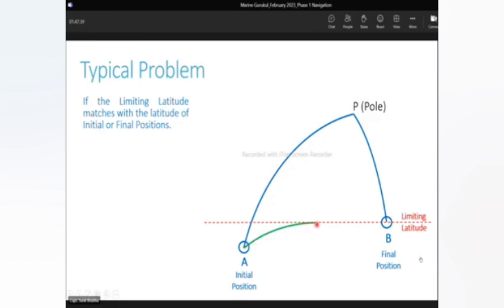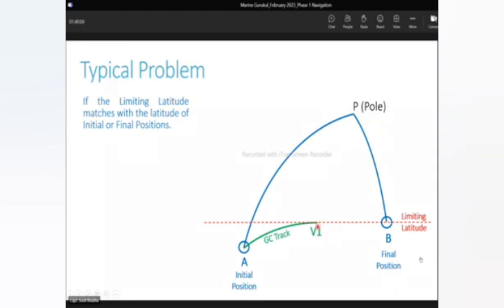So the limiting latitude is the highest latitude where this great circle track would go. Now the point where it meets the limiting latitude is the vertex of this particular track, and as usual, we mark off this vertex as V1.